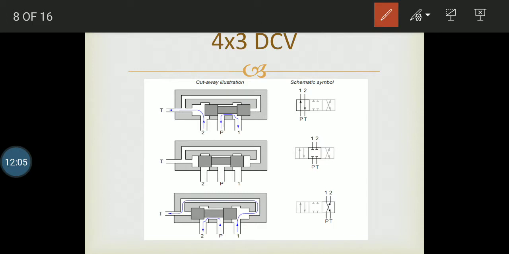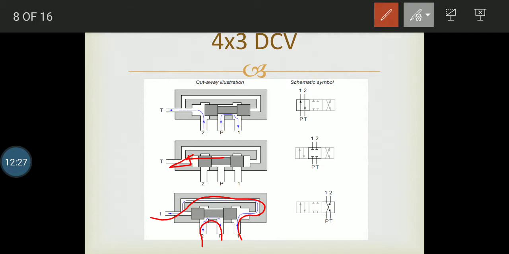Then when I have moved the piston further in the same direction, the motion of the fluid will be from 1 to T and P to 2.